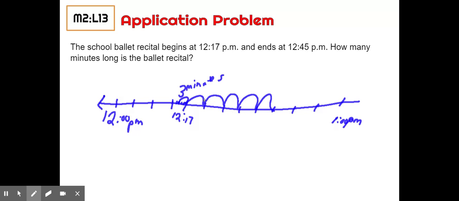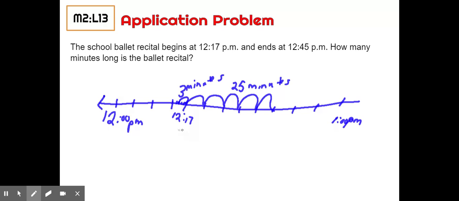So let's see how many minutes that is. 5, 10, 15, 20, 25 minutes. You could go to 40 and that would be 20 minutes, and then another 5 would be 25.